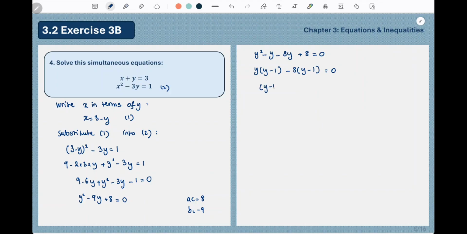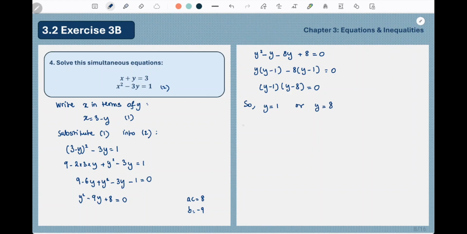Here we have a common factor, and we can factorize again: (y minus 1)(y minus 8) equals 0. So y is either equal to 1 or y is equal to 8, right?